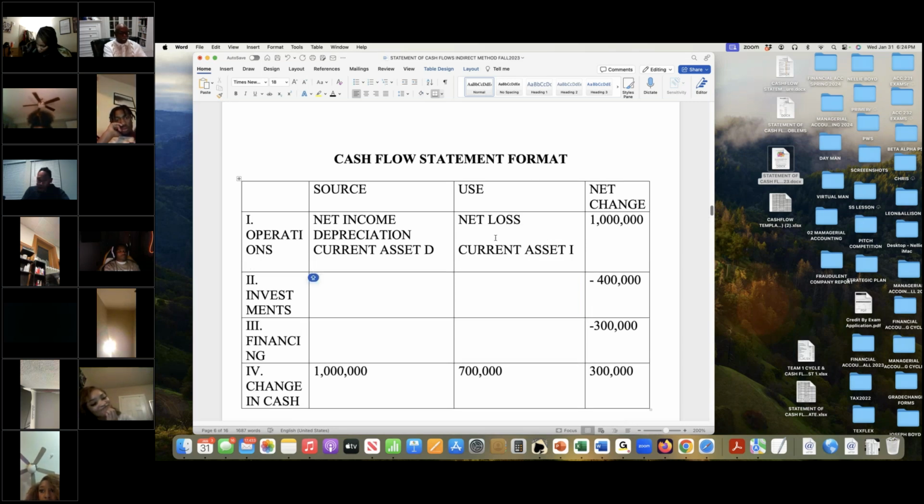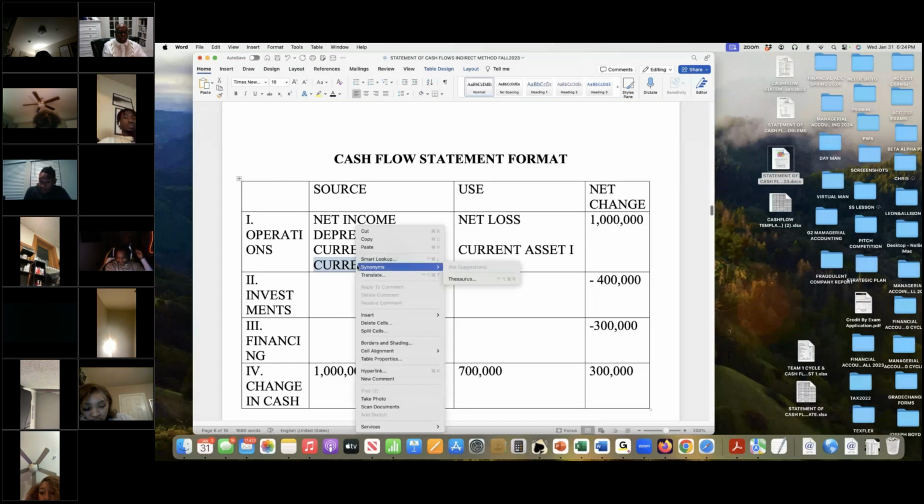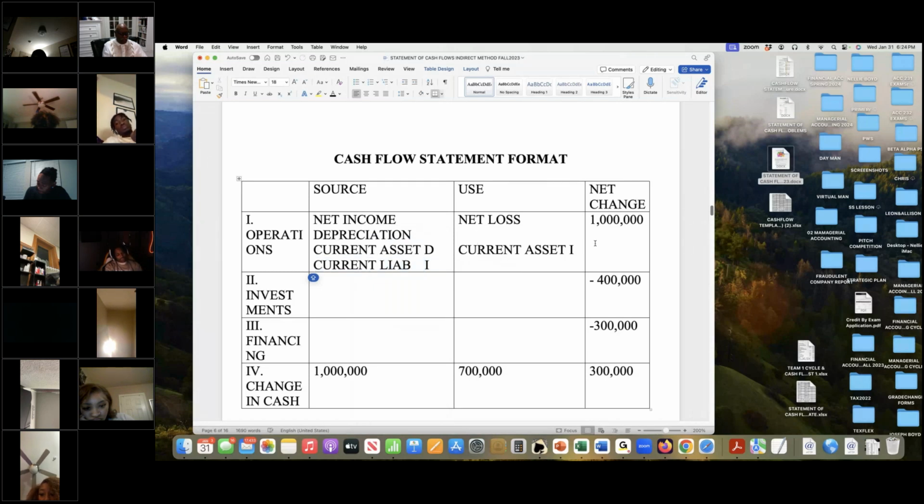If the current liabilities increase, it's going to operate just the opposite. If they increase, it's a source of cash, such as if you get a loan. On the other hand, if the current liabilities decrease, you have to pay it off. So it would be a use of cash.